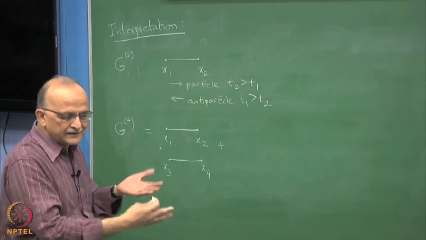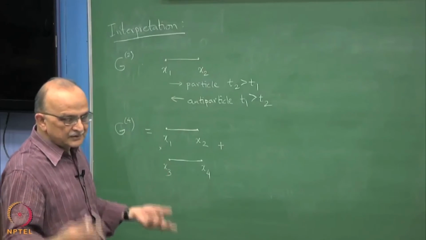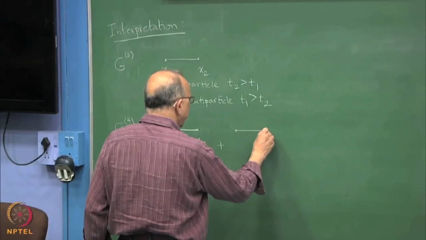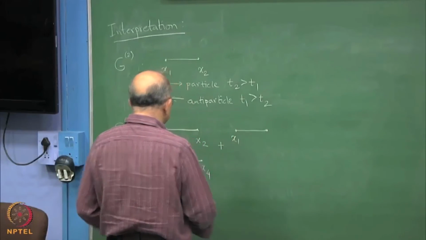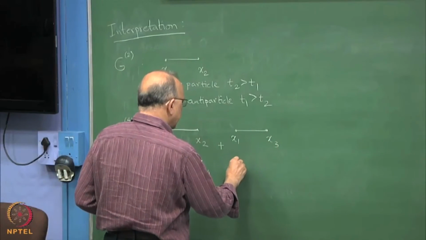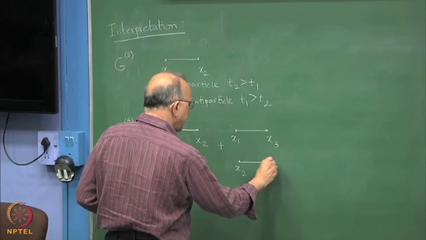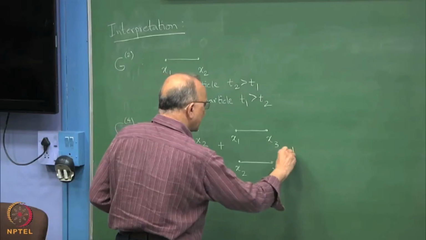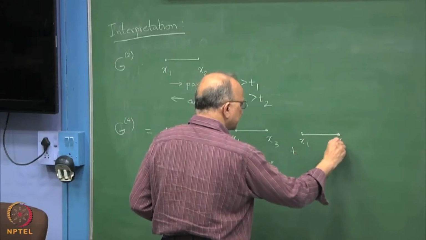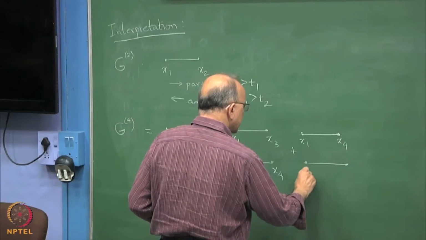So in quantum mechanics, this 4-point amplitude is a sum of 3 possible ways it can happen with equal weightage. So either x1 goes to x2 and x3 goes to x4, or x1 goes to x3 and x2 goes to x4, or x1 goes to x4 and x2 goes to x3.